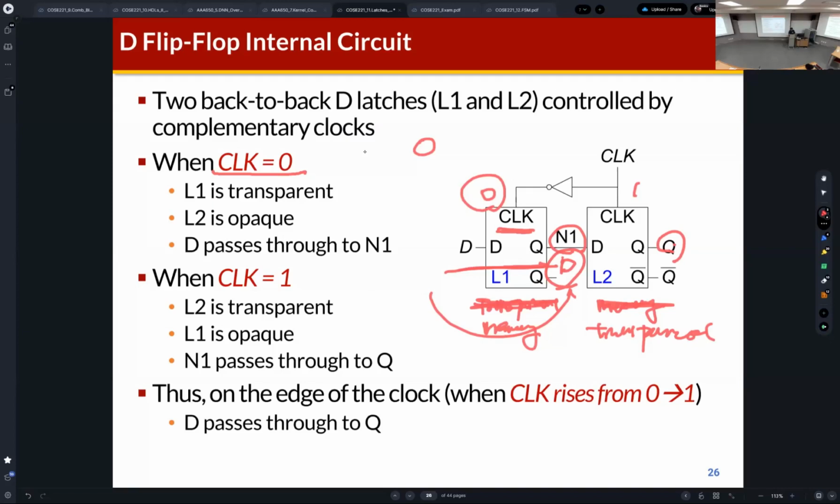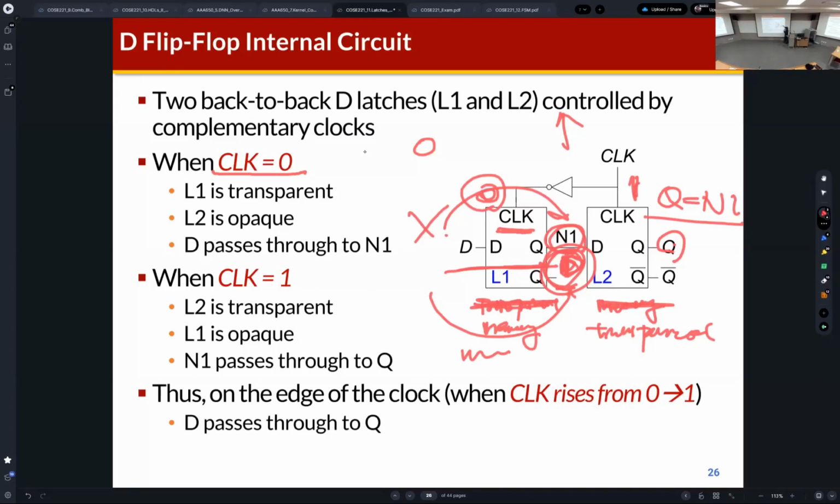And then when the clock becomes 1, D is not reflected to N1 because this is just a memory. N1 just stores the value from when the clock was 0. But at this point, Q becomes N1. Do you understand? When the clock becomes 1, Q becomes N1.